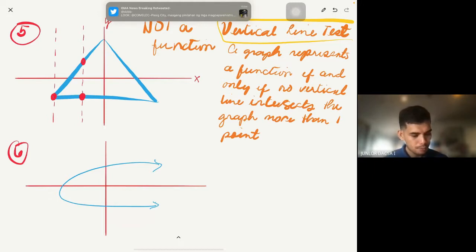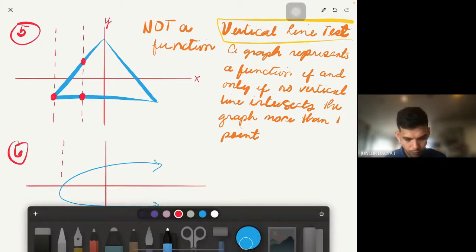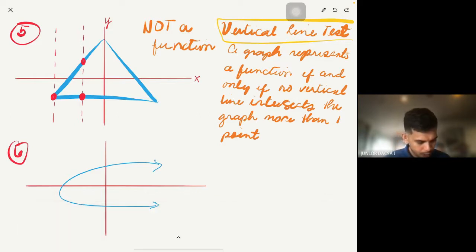Okay? So, pag dito natin tinest siya, magpa-pass through lang siya sa exactly 1 point.